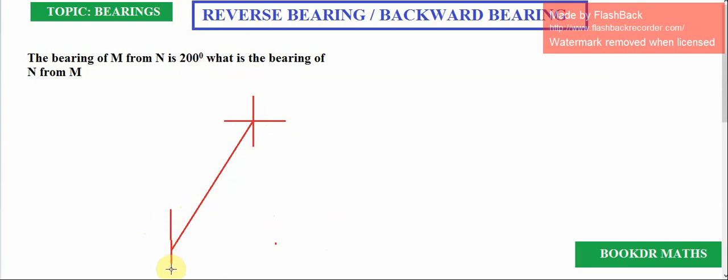Enclose our drawing with another cardinal point. Indicate the direction with an arrow. Our angle is, sorry, 200 degrees. We indicate the value of the angle.